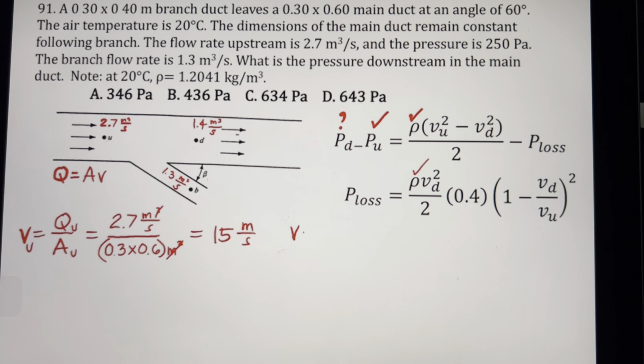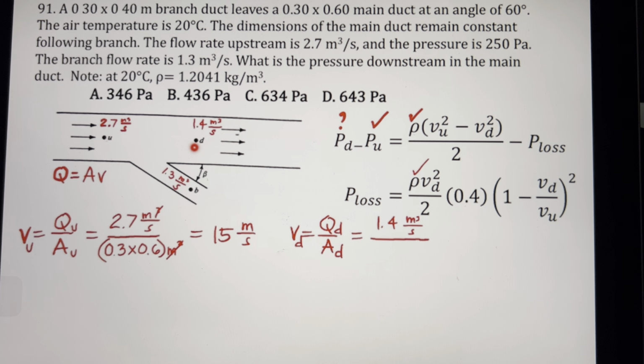So using the same formula for the downstream, downstream velocity is equal to the volume flow rate at the downstream over the area of the downstream. At the downstream, our volume flow rate is 1.4 cubic meter per second divided by the area downstream.